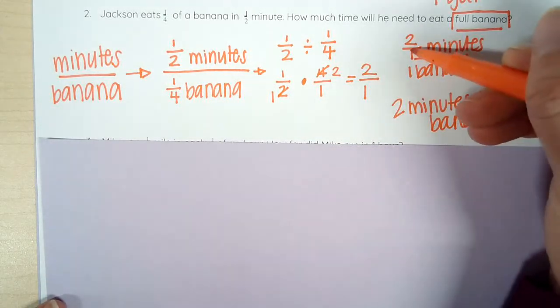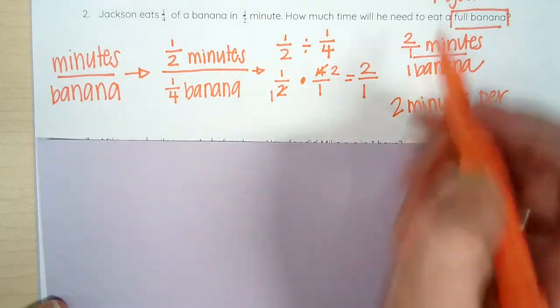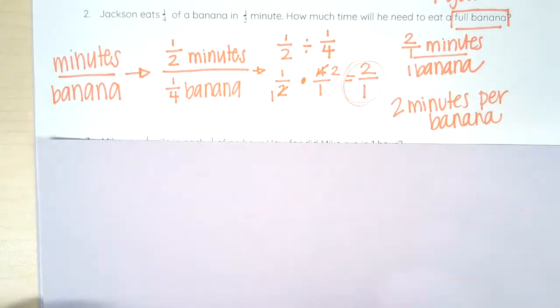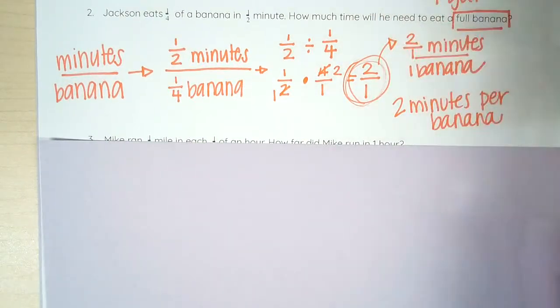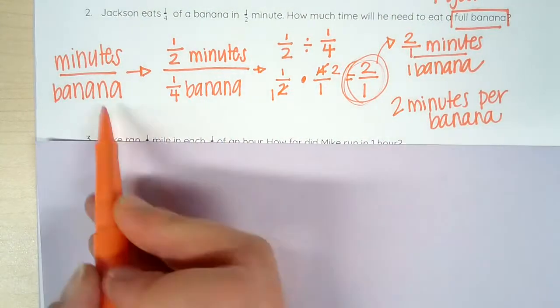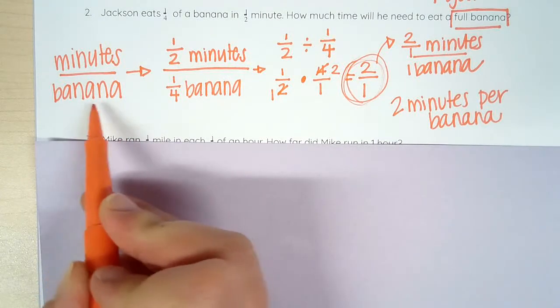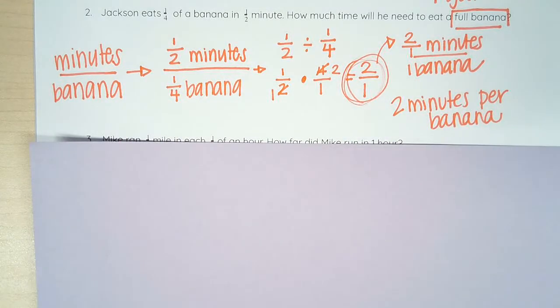Again, this might be a fraction. So remember that this whole thing always goes in our numerator. And the 1 of our denominator piece is always on the bottom.